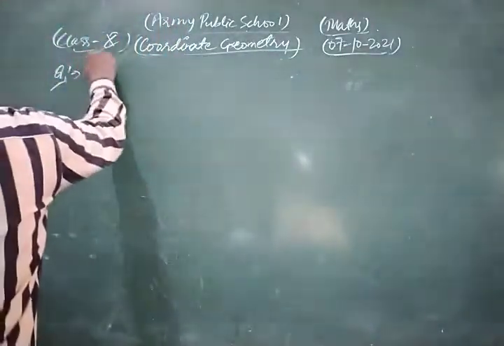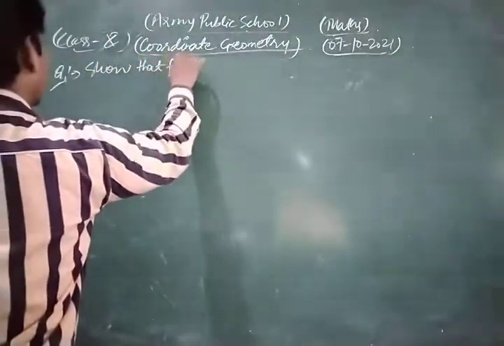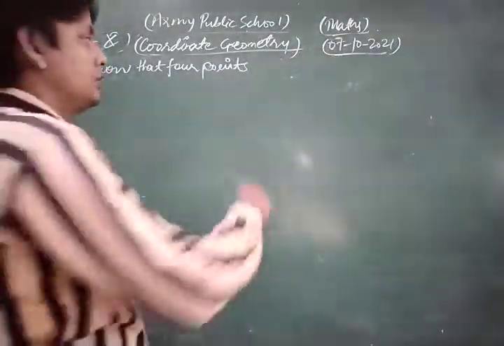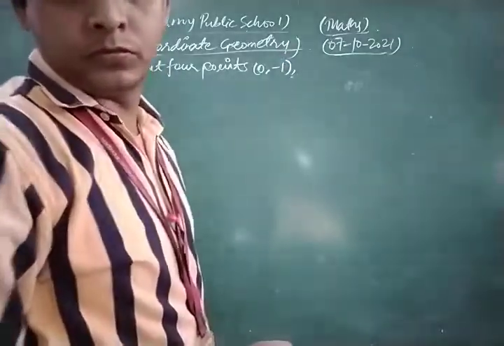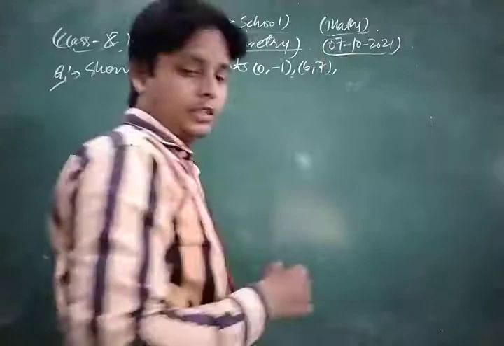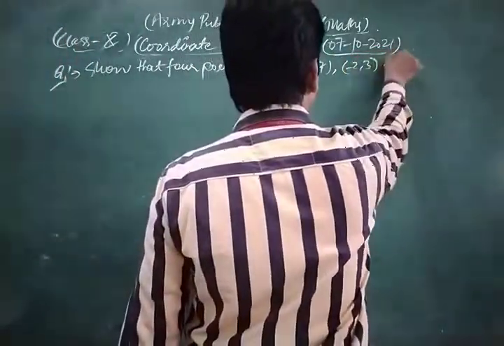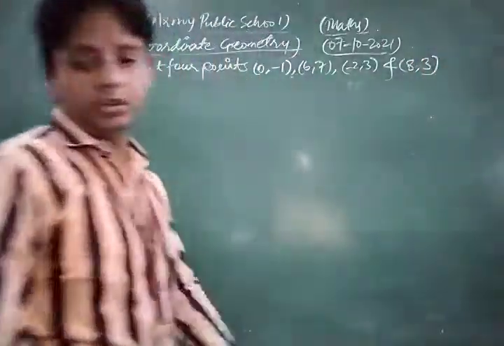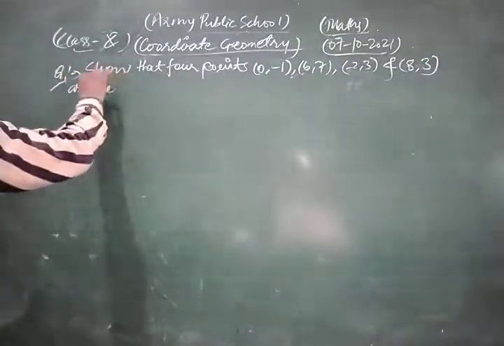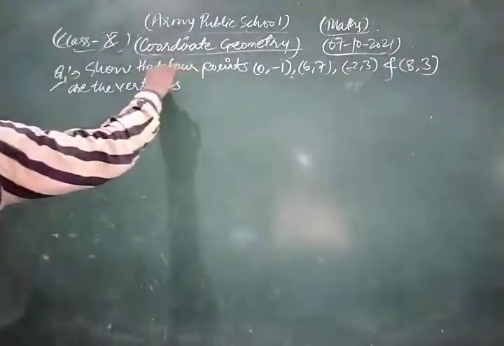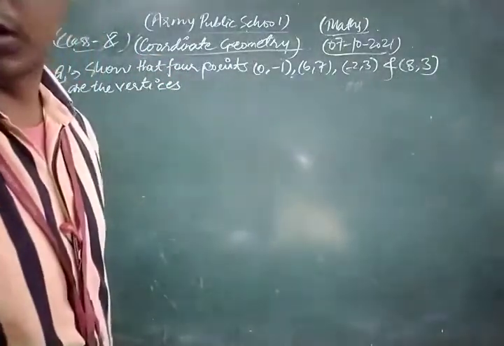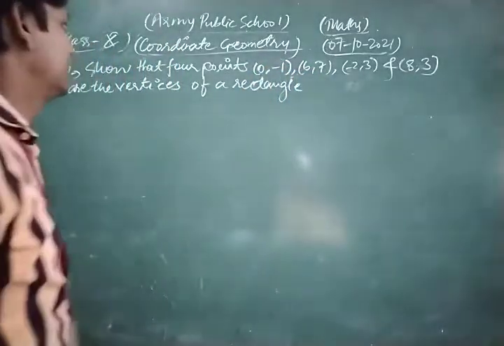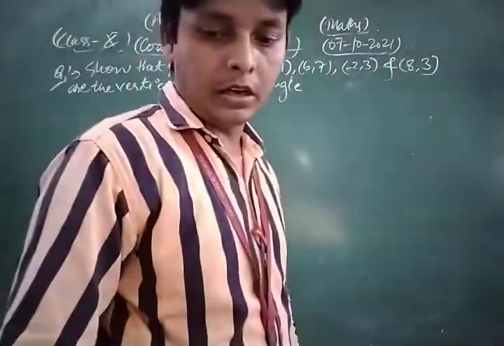Show that the 4 points (0, minus 1), (6, 7), (minus 2, 3) and (8, 3) are the vertices of a rectangle. Also find its area.